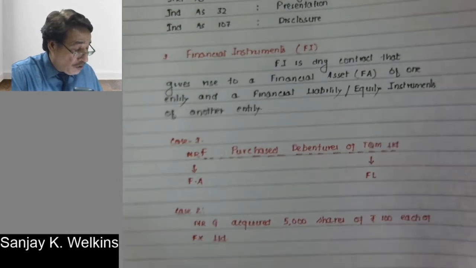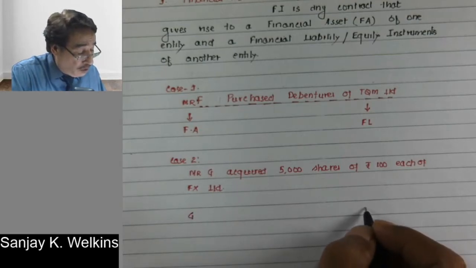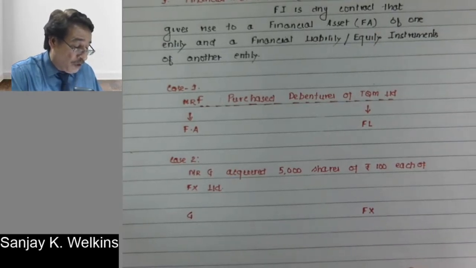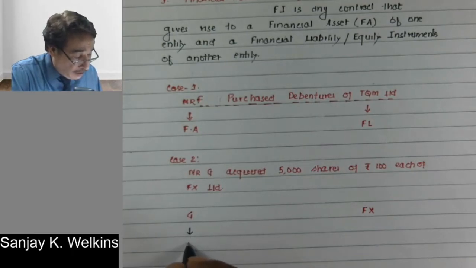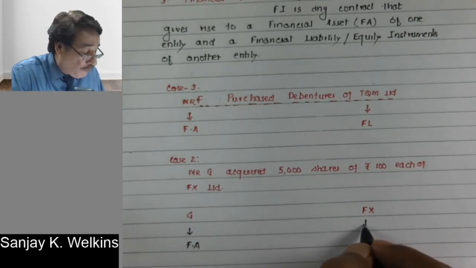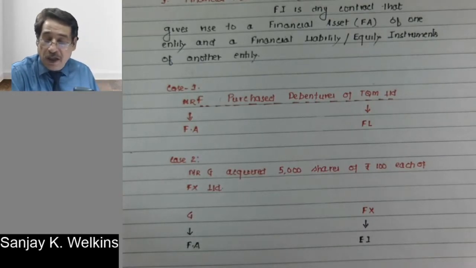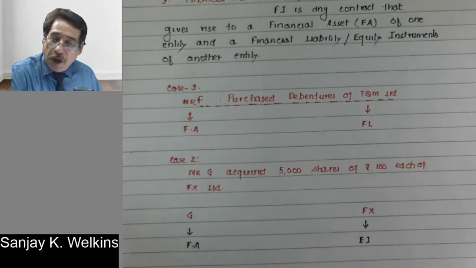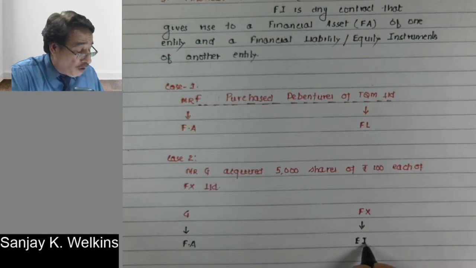This time Mr. G is the investor. G has acquired equity shares, and on the other hand, FX Limited is the issuer and it has issued equity share capital. From the perspective of Mr. G, it will be considered a financial asset, and from the perspective of this particular entity, it will be considered an equity instrument. It will not be considered a financial liability. The reason is that when an entity issues equity shares, it has no obligation to repay the amount. So it is an equity instrument for this particular entity.